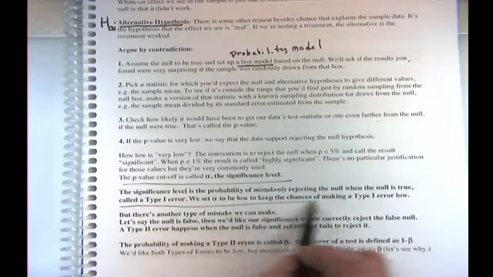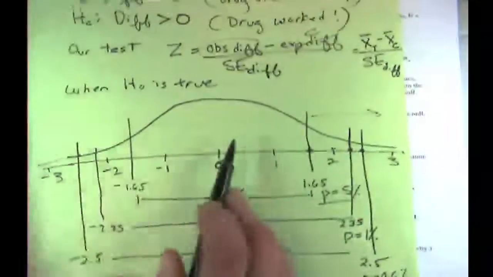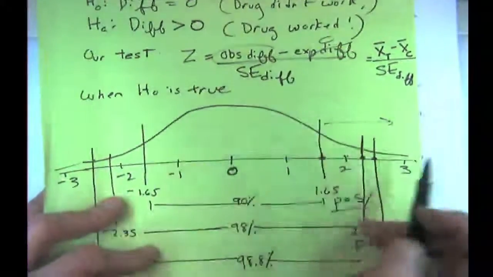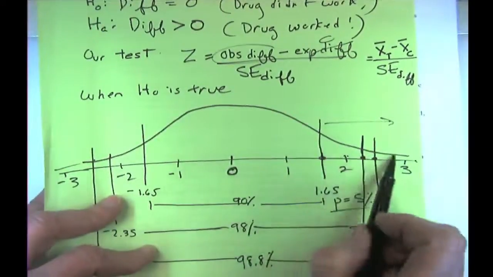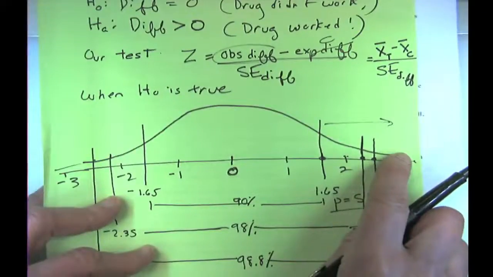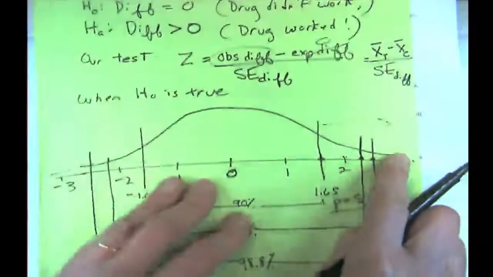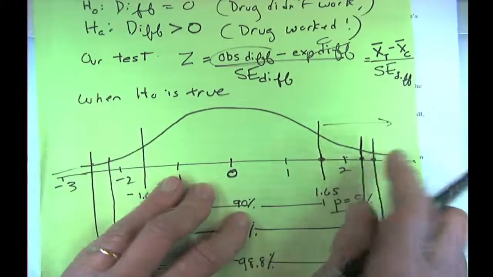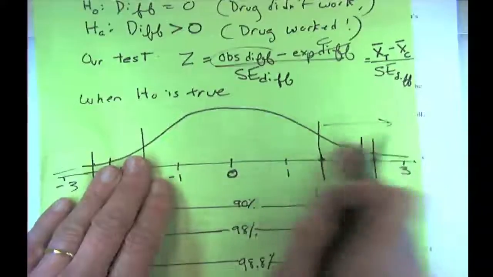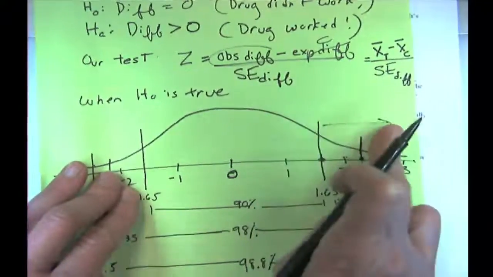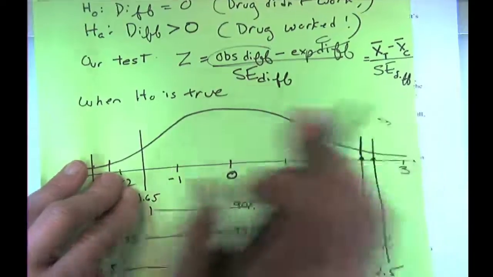It's called a type 1 error because when we reject, we're assuming the null is true. So this is the probability that we're going to see this kind of result when the null is true. If we reject the null and say this isn't true, that's the chance of making that mistake. In other words, if this is 5% of the time, we're going to see evidence this extreme, a difference this big, when there's nothing going on.